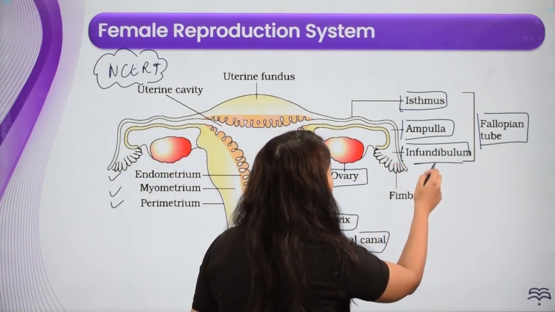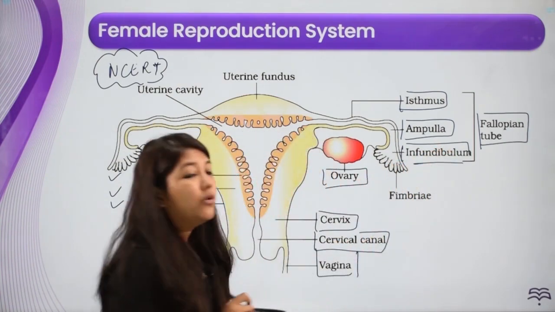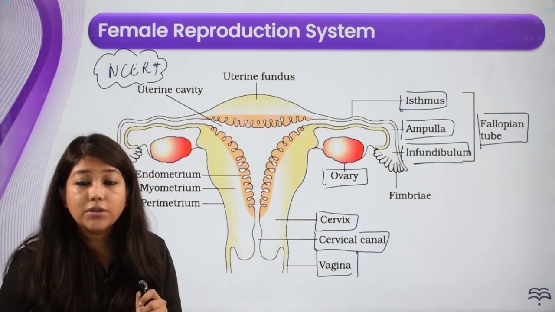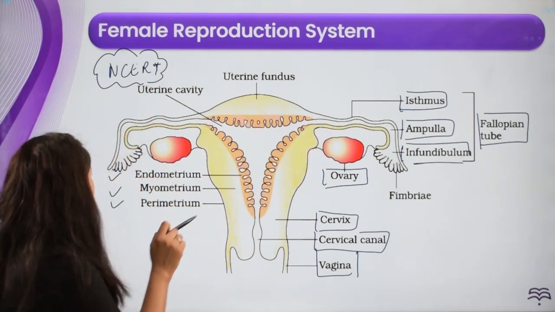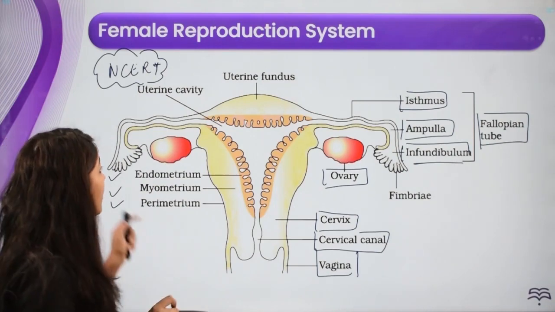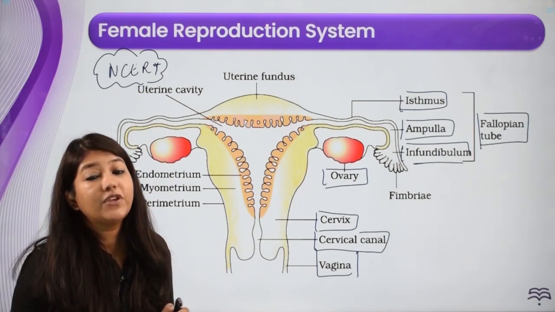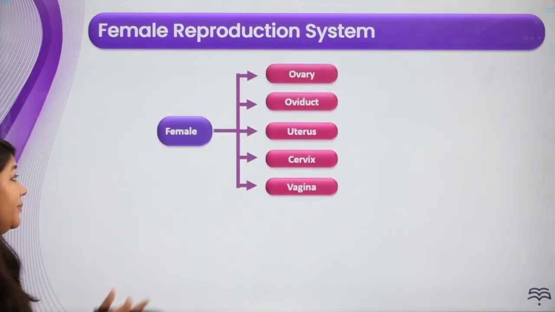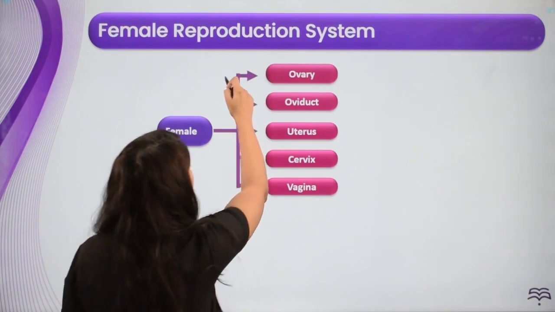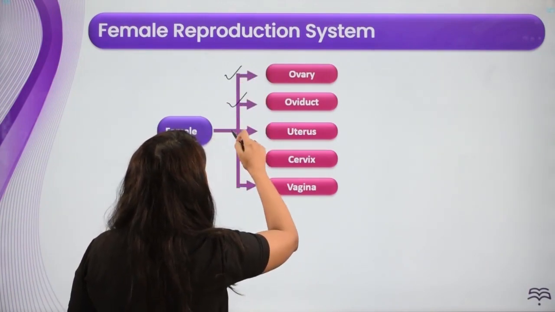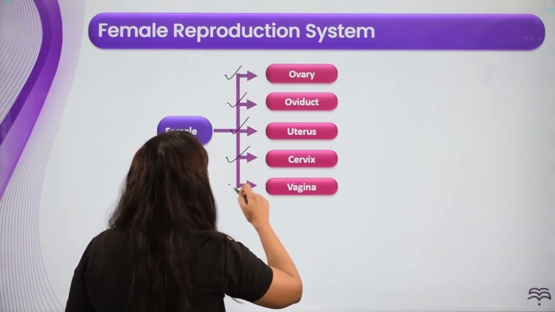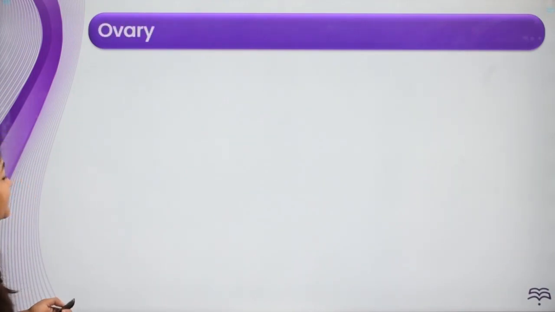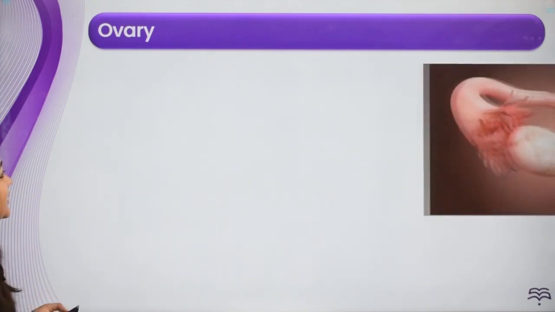We can clearly see here, the infundibulum. The isthmus is the one which is opening into the uterus. All these are the parts we are going to focus on. Again, I am repeating, the NCERT diagram is very, very important. Okay, let's move ahead. Female reproductive system: ovaries are there, oviduct is there, uterus is there, cervix is there, and vagina is there. Important part. Next.